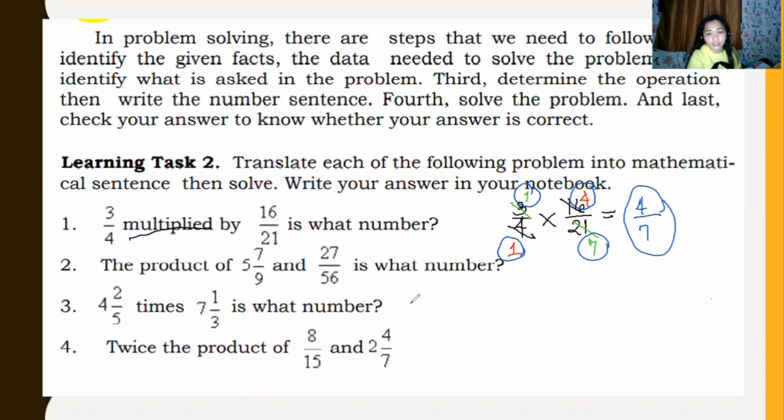Let's have another example. I'm not going to get the example from 2, 3, 4. I'm going to write my own example. The product of 1 and 2/3 and 3 and 1/4 is what number?